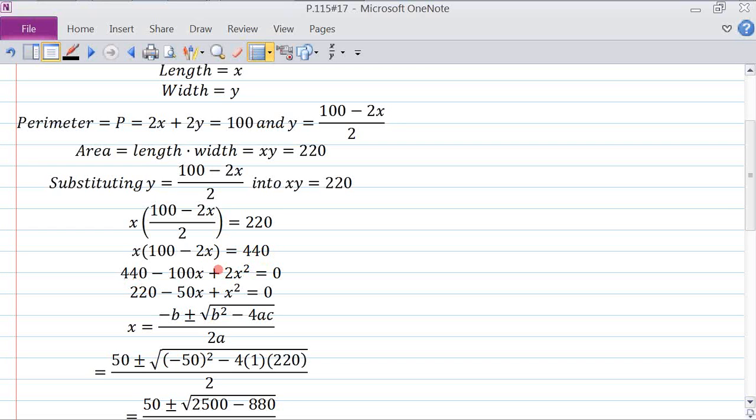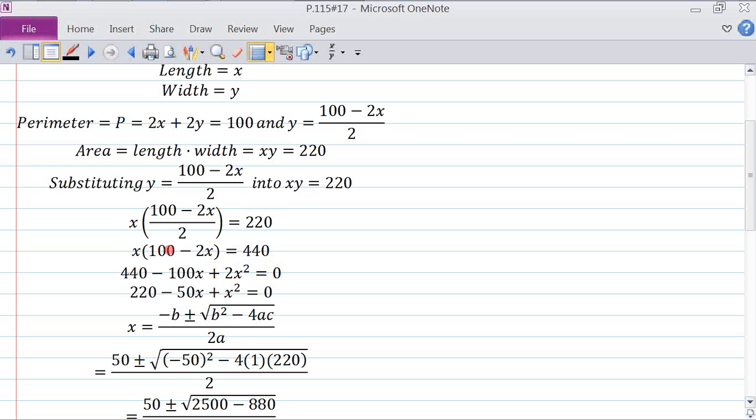So now I have 440, and if I bring the 100x onto this side, I get minus 100x. And if I bring the minus 2x squared to this side, I get plus 2x squared. So I'm just making this equal to 0. And I've got the 440 on the right.